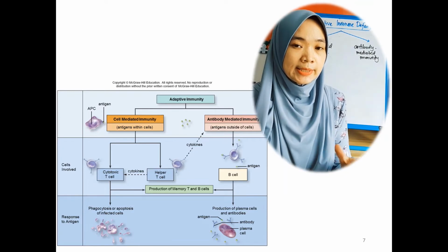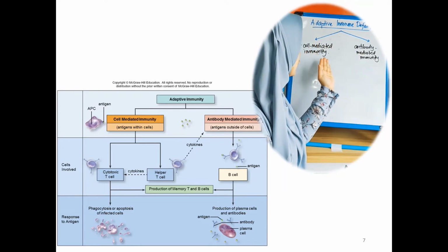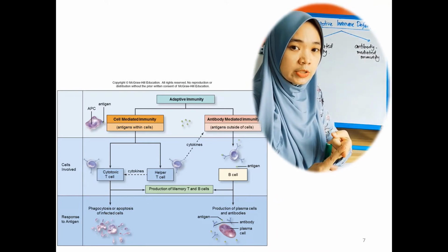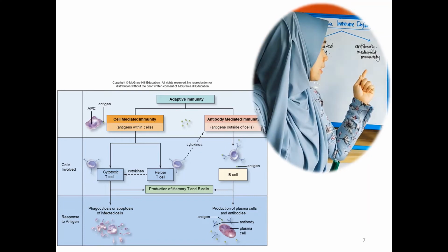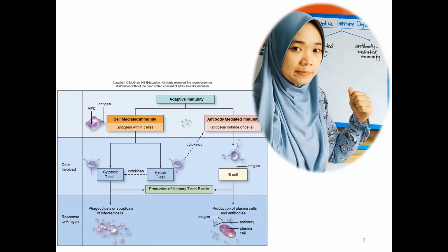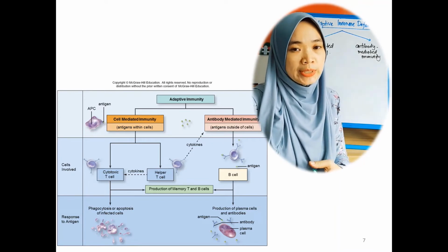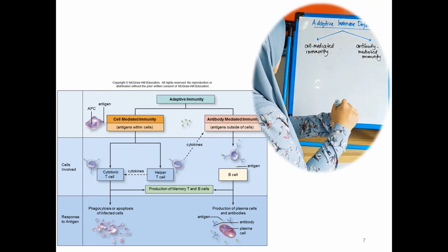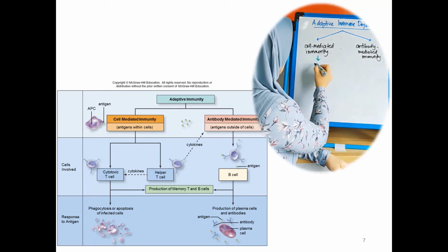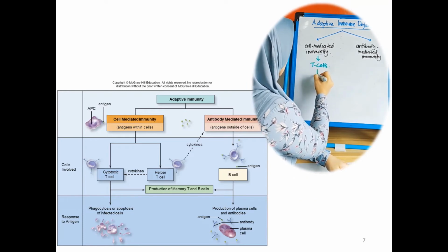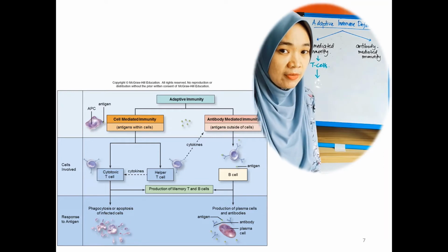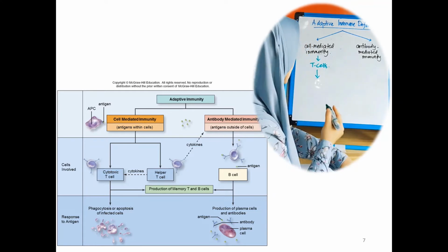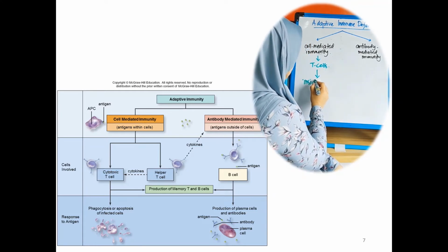Okay, the other difference between these two types of adaptive immunity, besides the type of cells involved, which is T cells for cell-mediated and B cells for antibody-mediated, is that the type of antigen also differs. For cell-mediated immunity, T cells are the lymphocytes involved, and the antigen that they target is actually from inside the body.